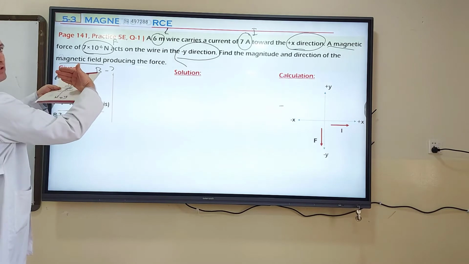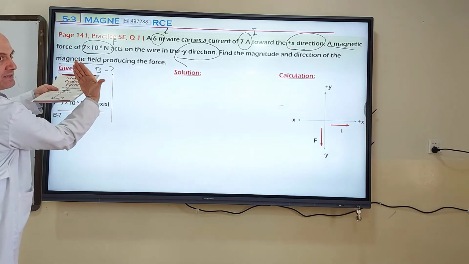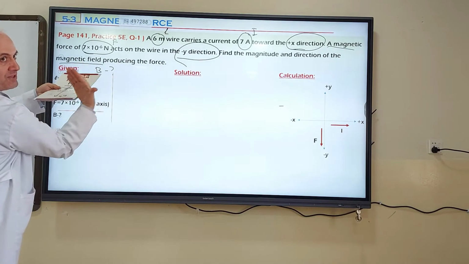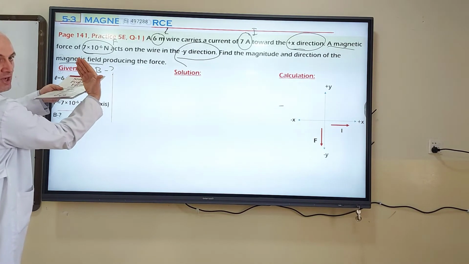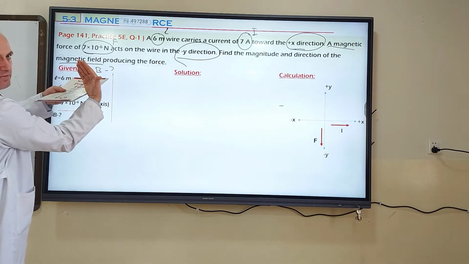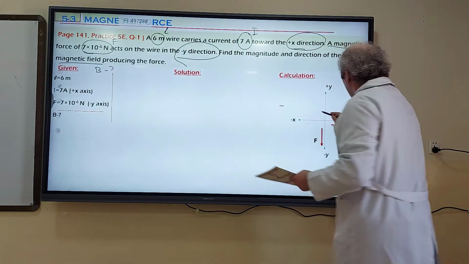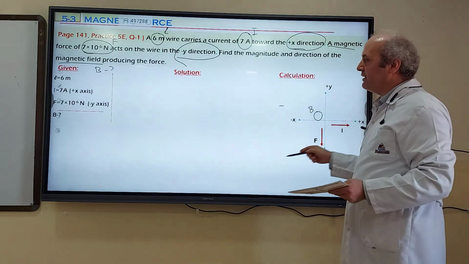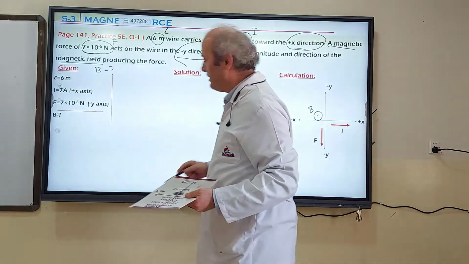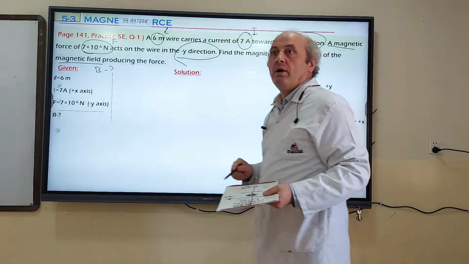Now I am going to shift it to positive X. I did it. Positive X. Force is negative Y. Forefinger is out of the page. Out of the page indicates positive Z. And I am going to draw it as a dot, which says your magnetic field is in the positive Z direction. Positive Z direction. Yes.